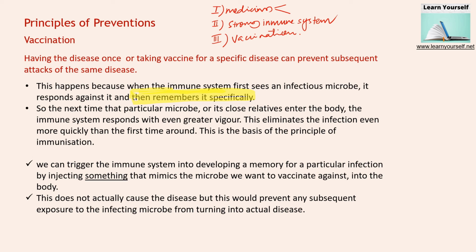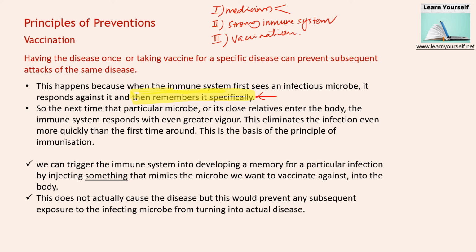So this is the principle on which vaccination works. Once you have had, for example, an infection of chickenpox, then for life you will not have chickenpox. Why? Because your immune system will remember how to kill or control this specific kind of microbial infection.